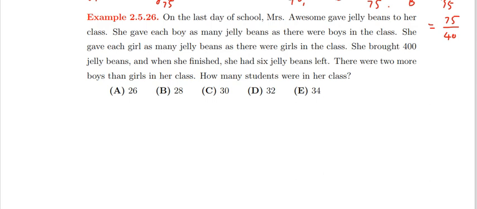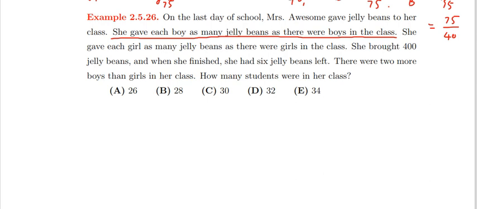So the question says, on the last day of school, Mrs. Awesome gave jelly beans to her class. She gave each boy as many jelly beans as there were boys in the class. What does this mean?